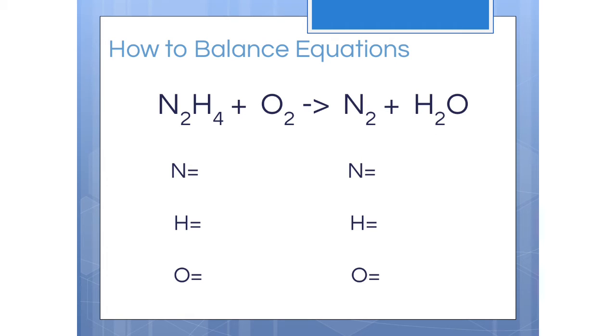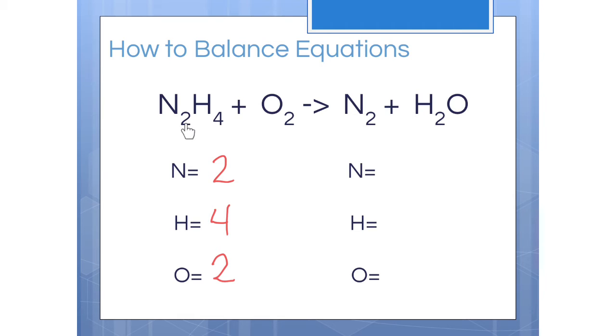Now this equation is unbalanced, and let me show you why. If we were to break down each of these individual elements inside the equation, we can see that on the reactant side, we have 2 nitrogen, 4 hydrogen, and 2 oxygen. Hopefully you can see where I'm getting these numbers from.